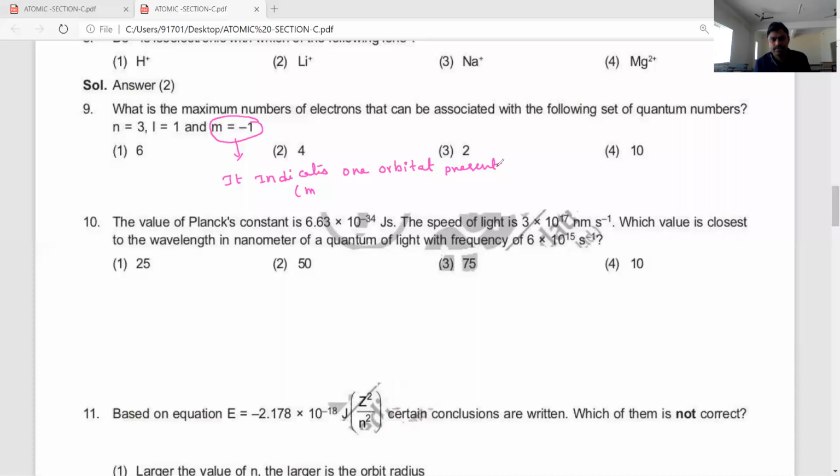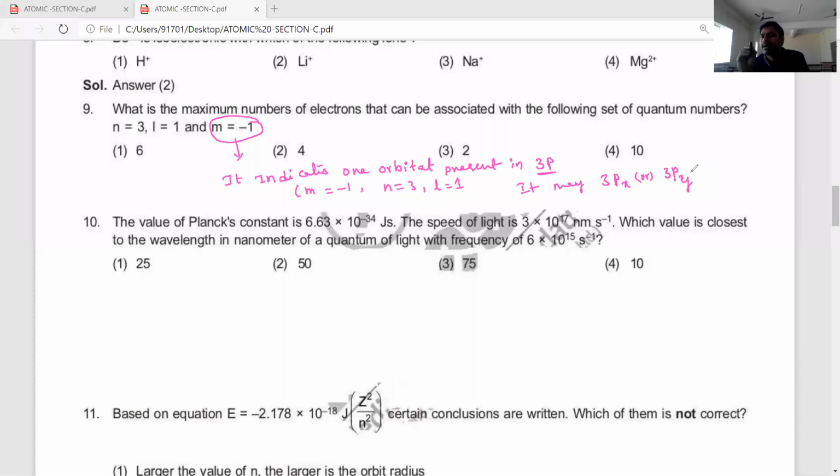That is one orbital present in m equal to -1, n equal to 3, l equal to 1. That is nothing but one orbital present in 3p. It may be 3px or 3py. Why is it not 3pz?